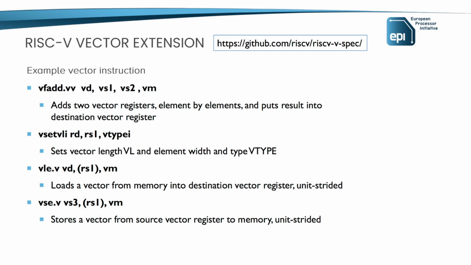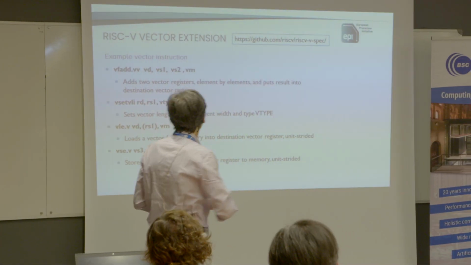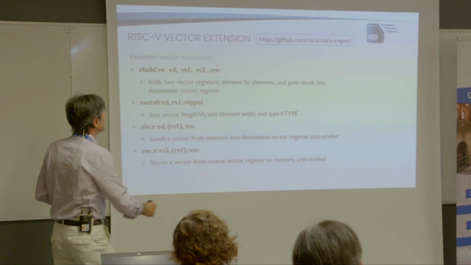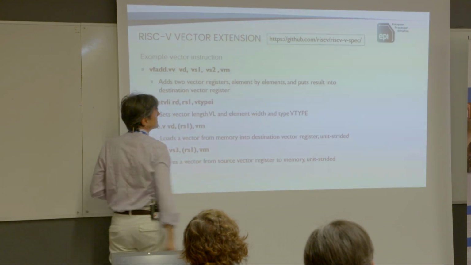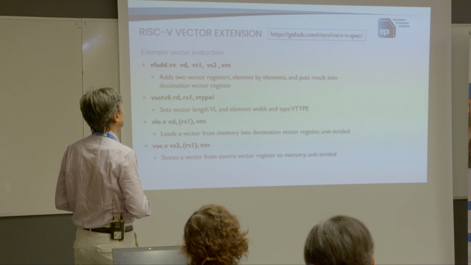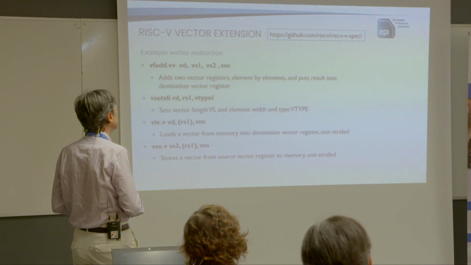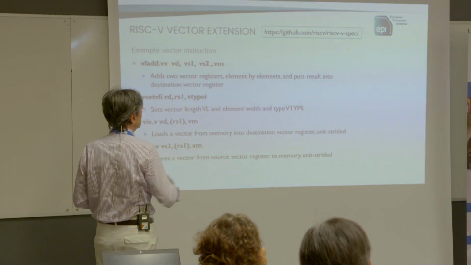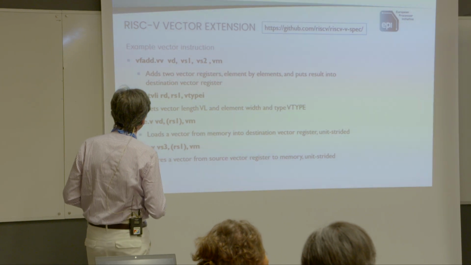When I say vector register, you can imagine, for example, a vector of 256 elements, each of them being a double precision floating point number, 64 bits. The operation can be masked. This VM is the mask. So you can perform the addition or not on some elements according to a previous condition.